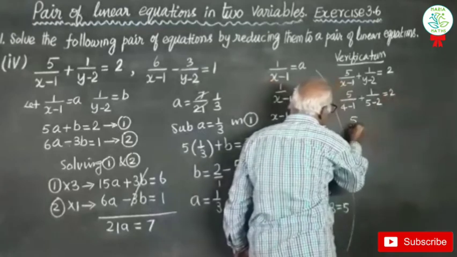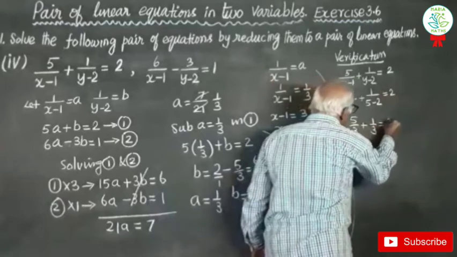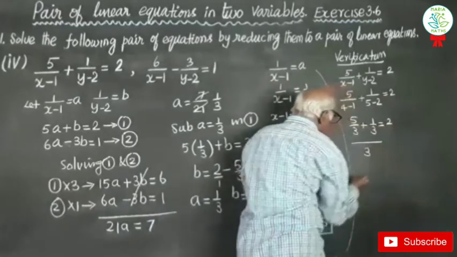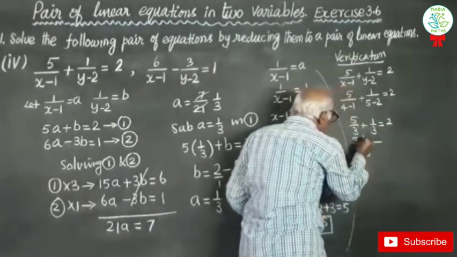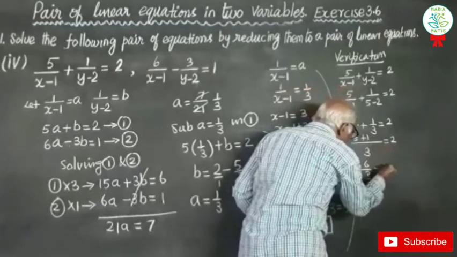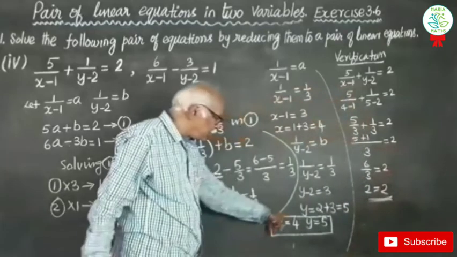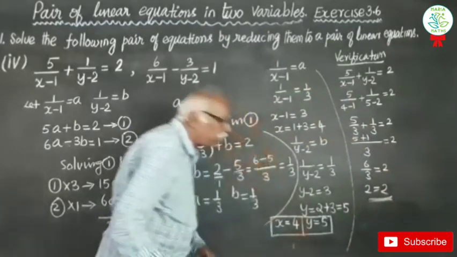So 5 by 3 plus 1 by 3 equal to 2. Taking LCM 3, 5 plus 1 by 3 equal to 2. 6 by 3 equal to 2. So 2 equal to 2. So our answer is right. So x is equal to 4, y is equal to 5 are the answer.